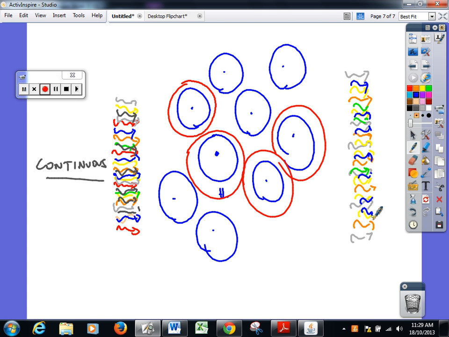Now, what would this look like? Now that looks like a continuous spectrum. So over there, absorption. This one over here looks like this.